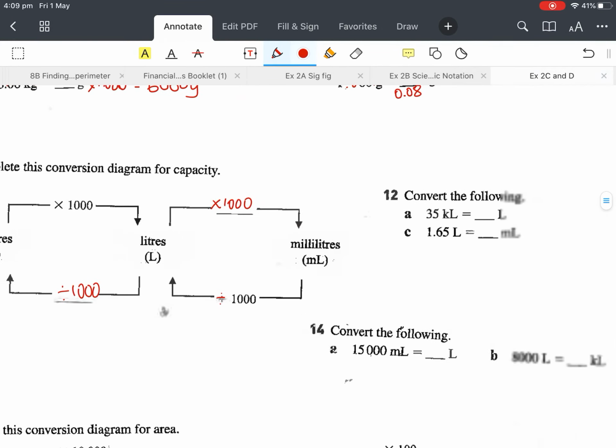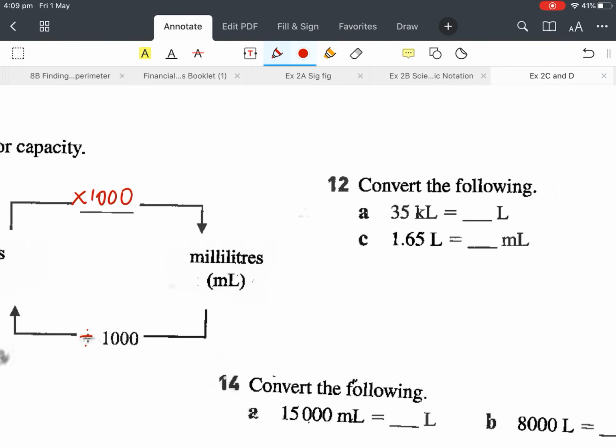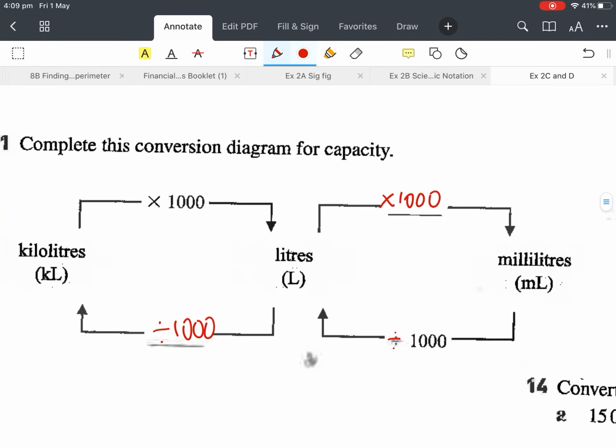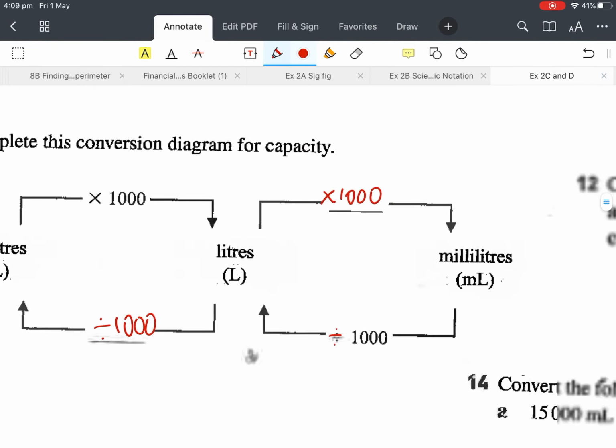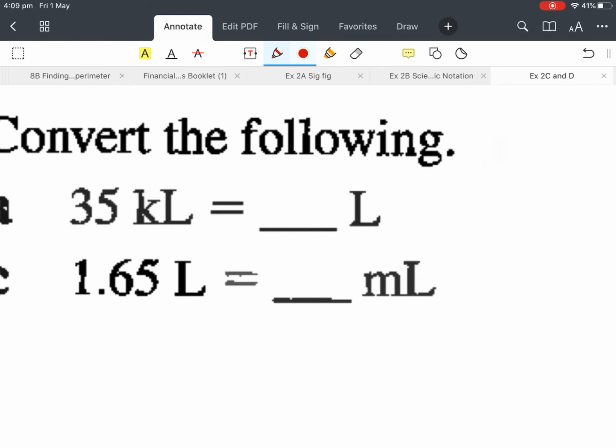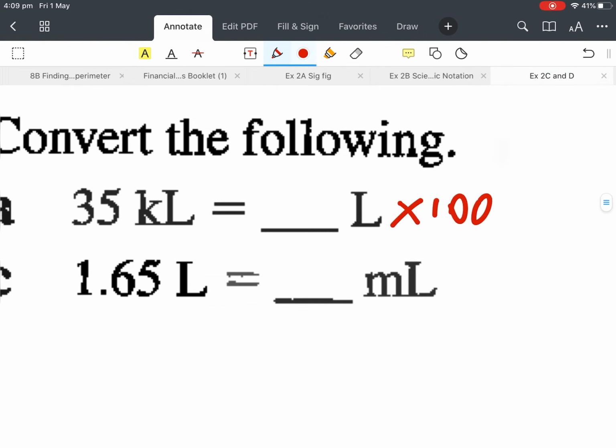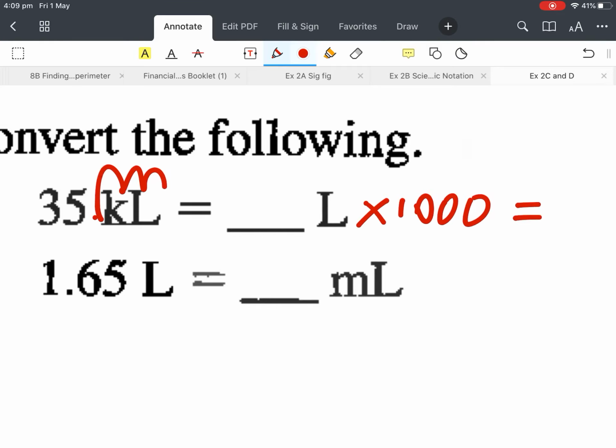All right, let's have a quick look. Question 12, convert the following. 35 kilolitres to litres. So if I follow, kilolitres to litres means I'm timesing by 1,000. So at the end, I just 1, 2, 3. Okay, I'm not going to have enough room, so I'll write it over here.